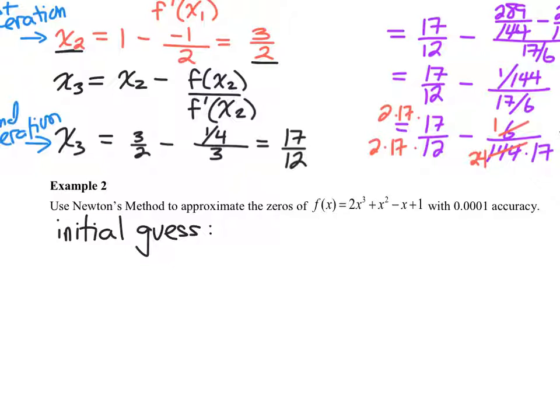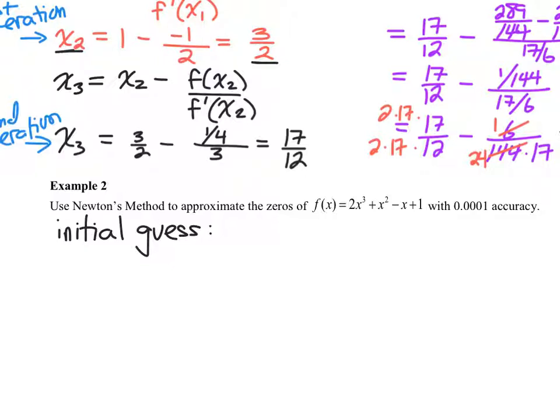The issue behind this approach is kind of weird. It says with 0.0001 accuracy. What that's telling us is that we want our answer to be within 1/10,000th of the correct answer.